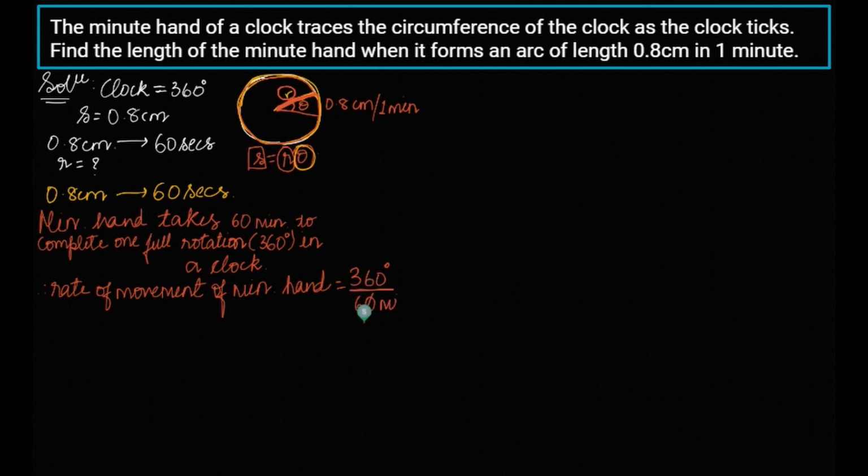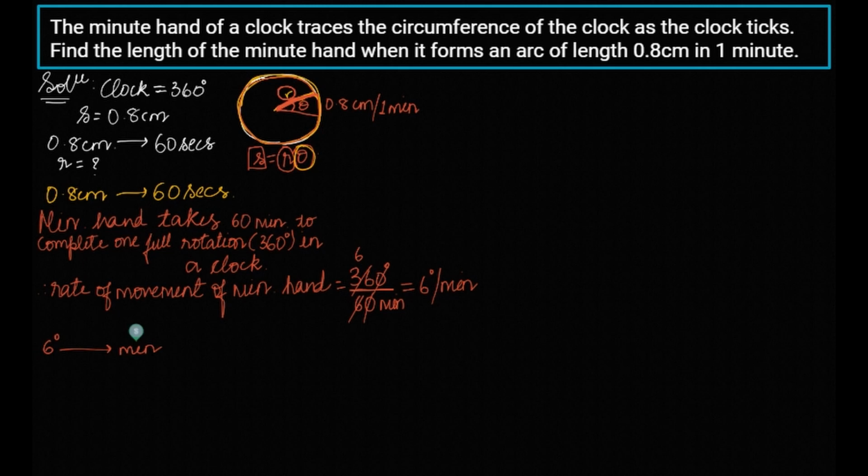So 0 and 0 cancel out each other. 6 into 6 is 36. So we get 6 degrees per minute. So the minute hand moves 6 degrees per minute.